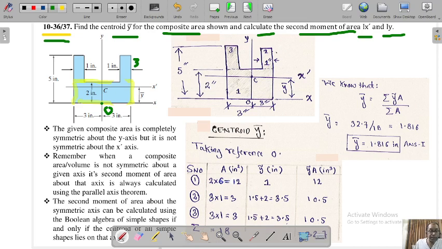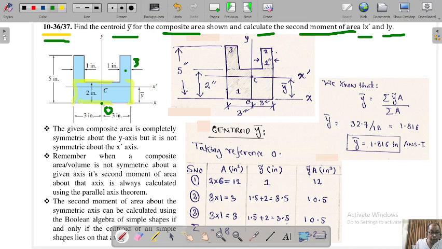What will be the centroid? This is a very important point. This is the approximate centroid of this rectangle, but we have to calculate the centroid from the origin.